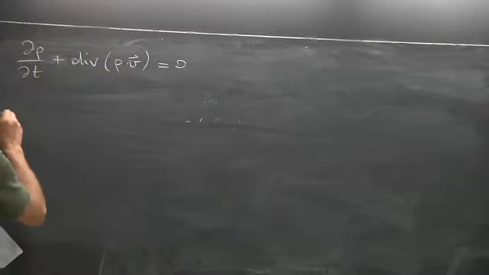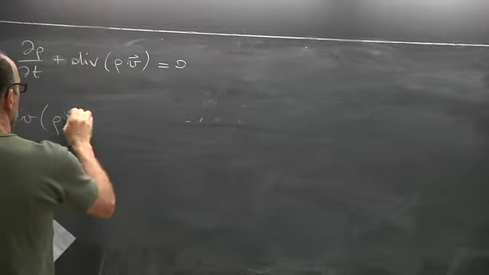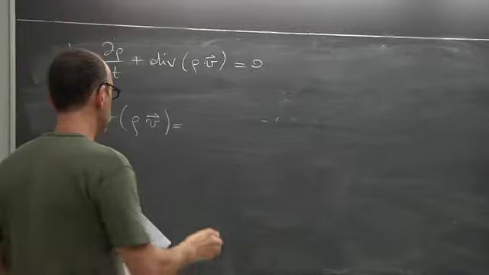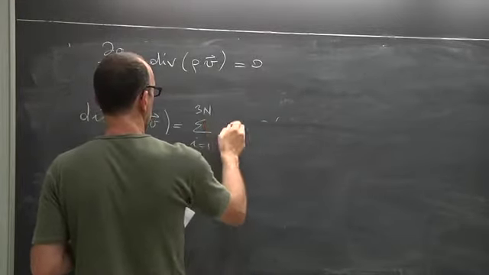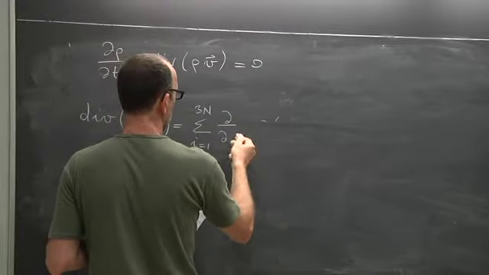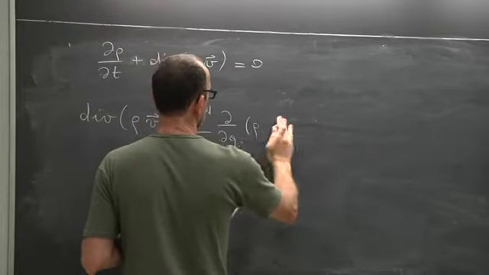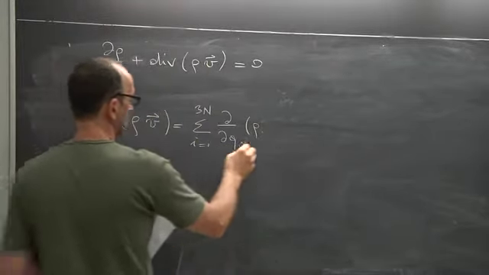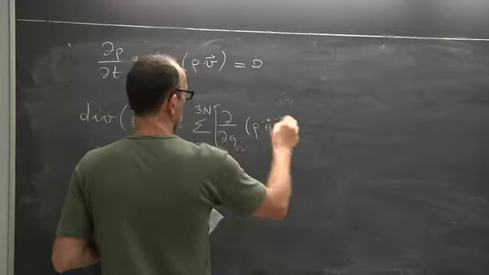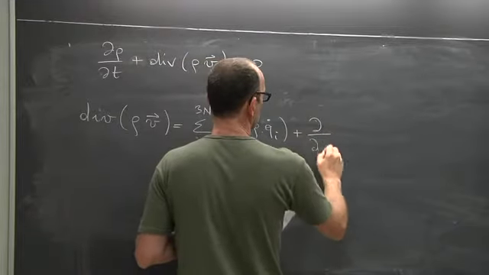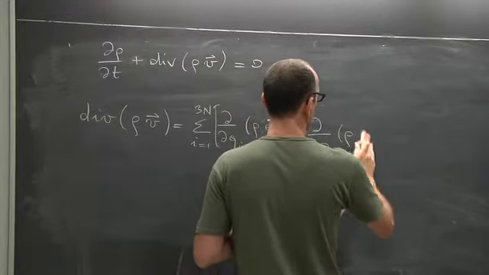So if I write it explicitly, this is the sum from i equal 1 to 3N of the derivative with respect to q_i of rho times the component of the velocity on q_i, which is q_i dot, plus the derivative with respect to p_i of rho times p_i dot.